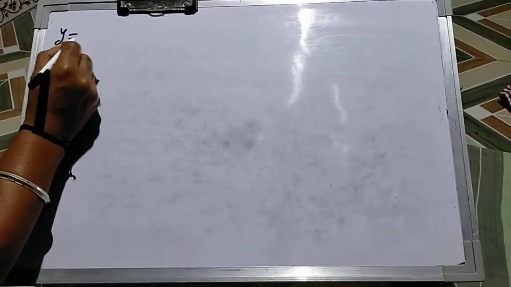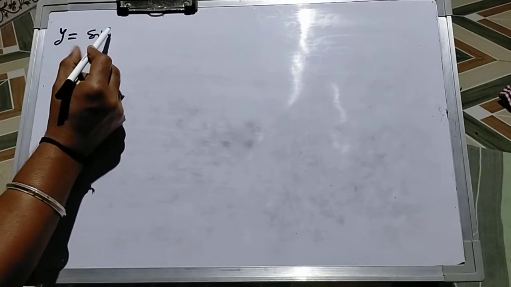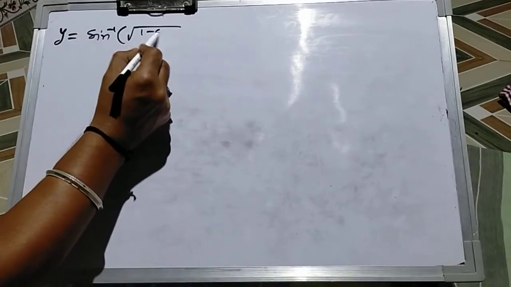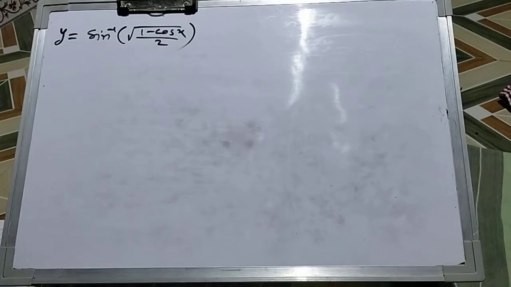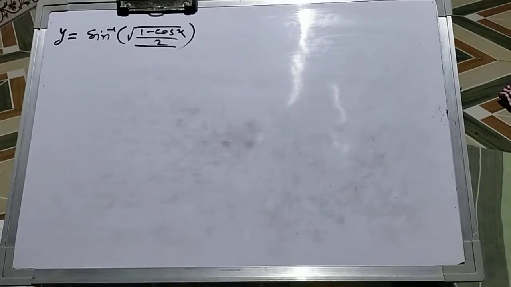Now next one, y is equals to sine inverse of root 1 minus cos x divided by 2. Now again here term is sine inverse. So we require this term to be sine.